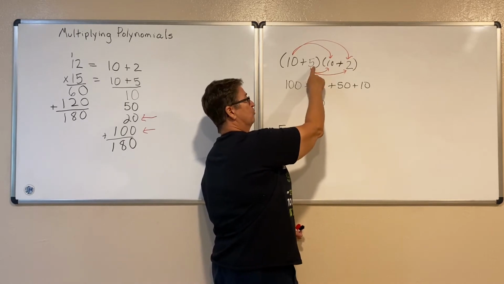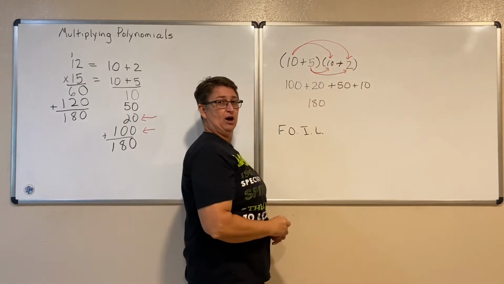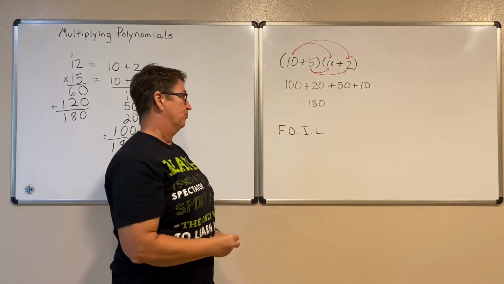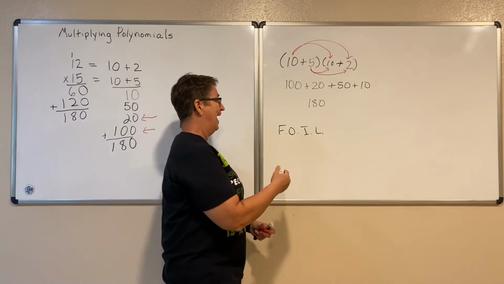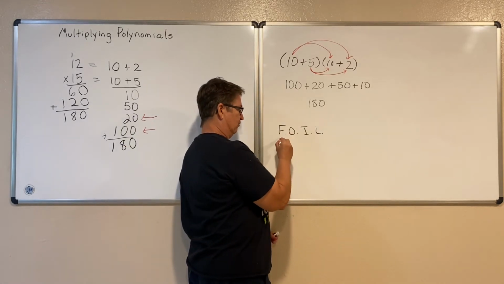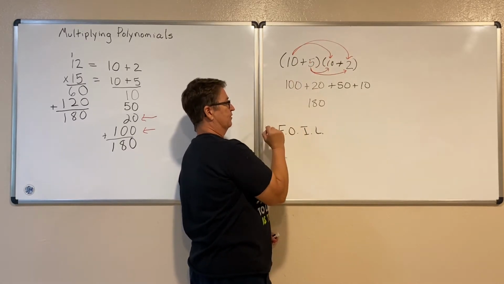And then in the ones place, I'm distributing that number to both places in the other number. But if you know FOIL, if you've learned that in the past, what it stands for is first. So we multiply the first numbers together first.